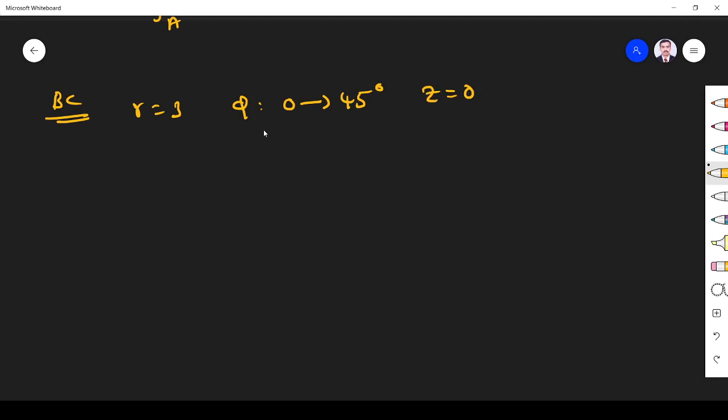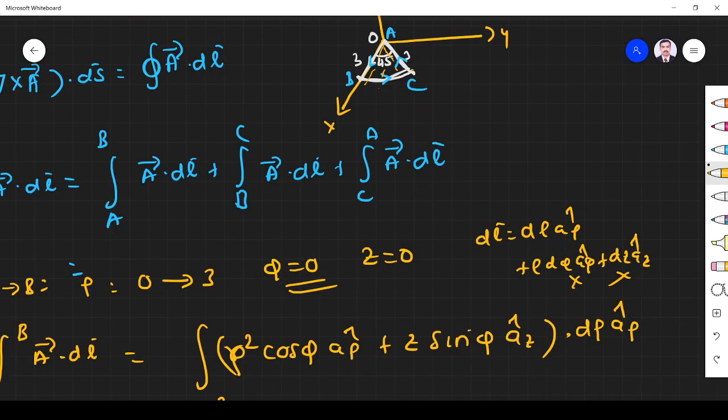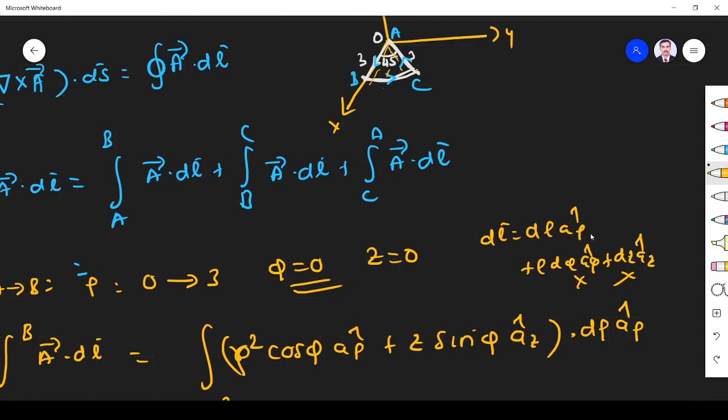Since only the phi component is varying, dl is rho d phi a phi only, because the rho and z components are 0. Now we will see that.